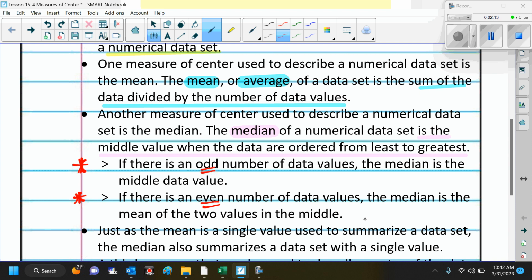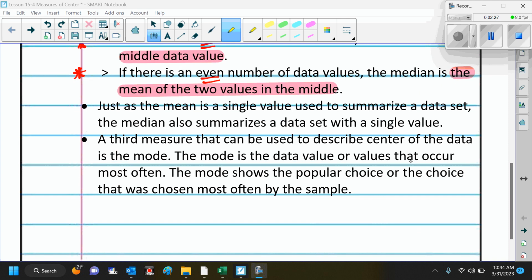So you just add those 2 middle values together and divide by 2. Just as the mean is a single value used to summarize the data set, the median also summarizes the data with one value.